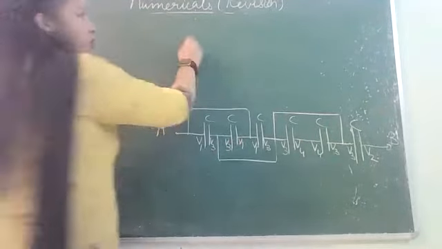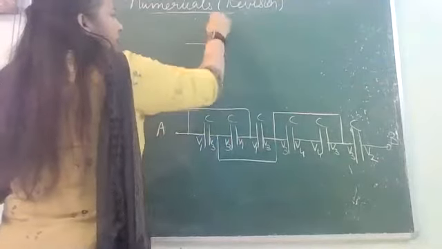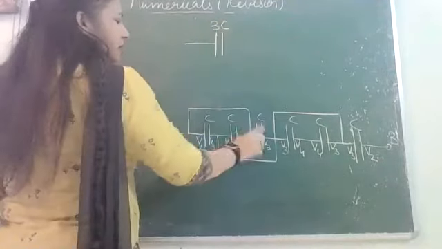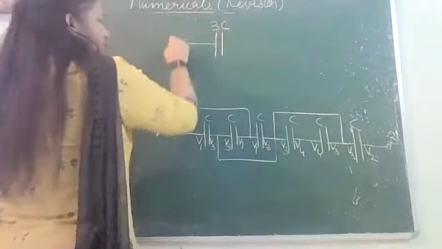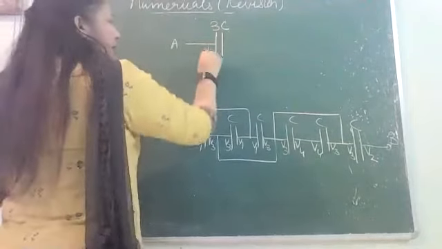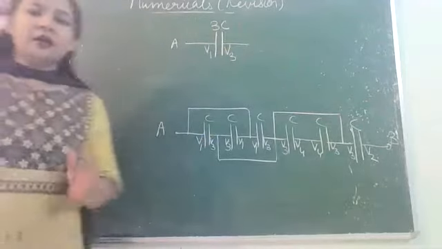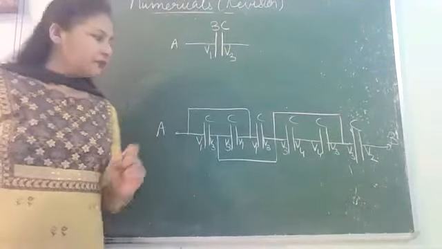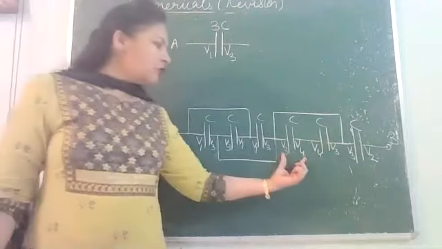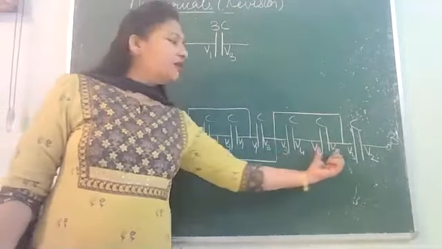So let us draw one capacitor having capacitance C plus C plus C, being parallel, 3C. This is A, and its one plate is at potential V1, another plate is at potential V3. Is this step clear? Now we have two capacitors with potential difference V3, V4.